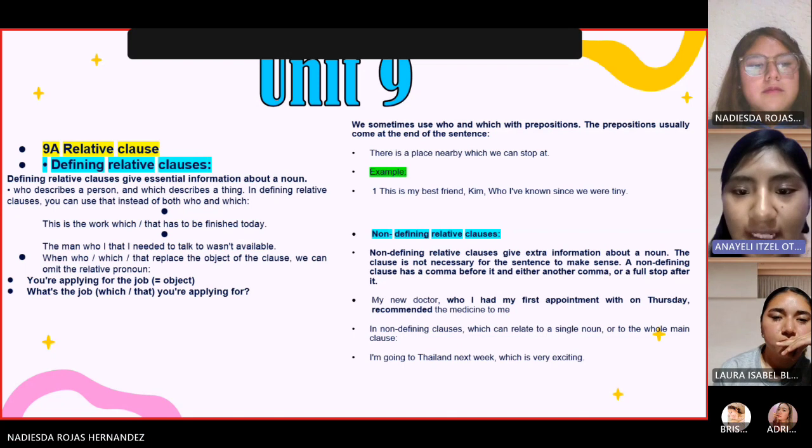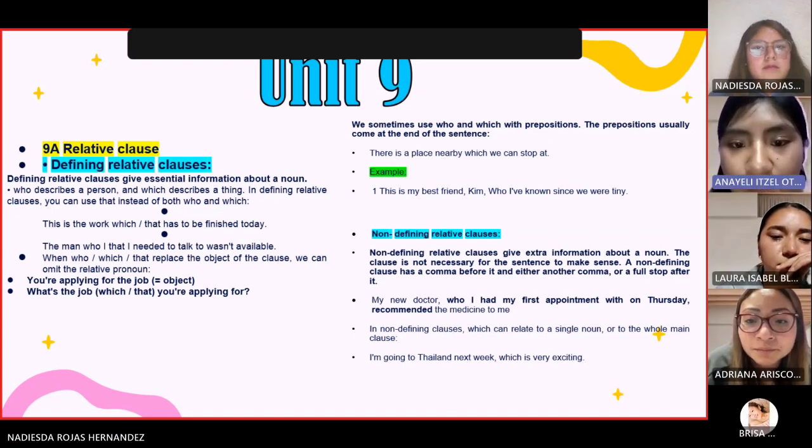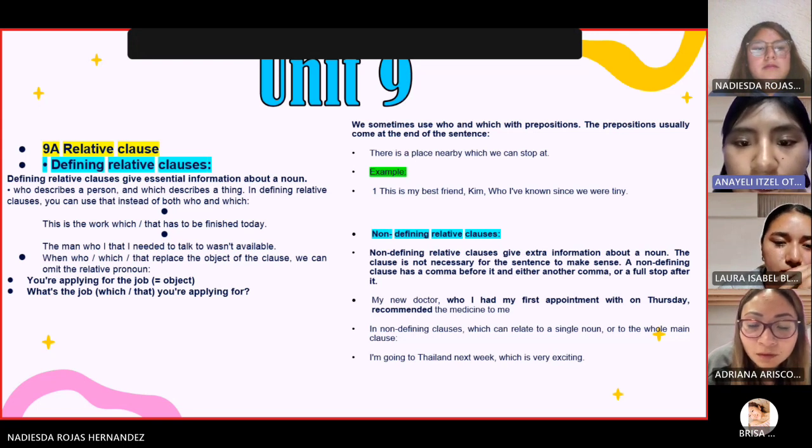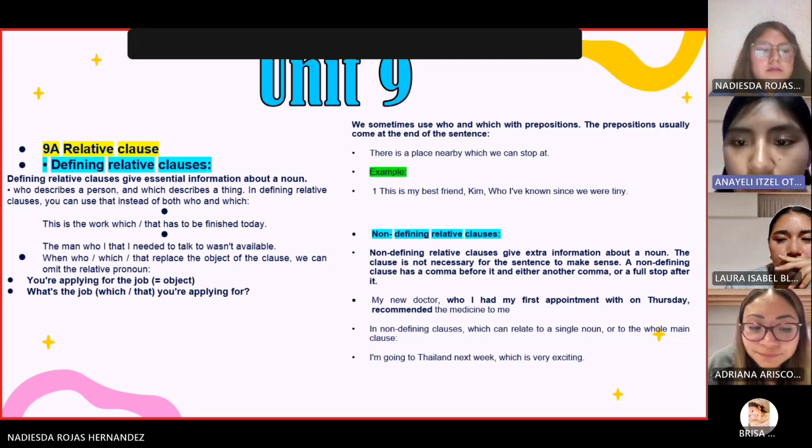When who or which replaces the object of the clause, we can omit the relative pronoun.